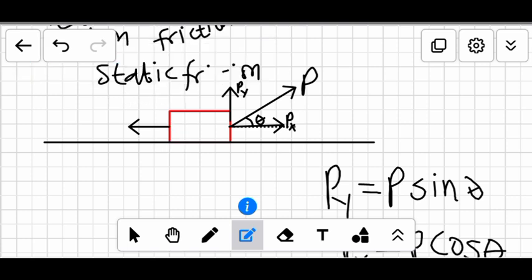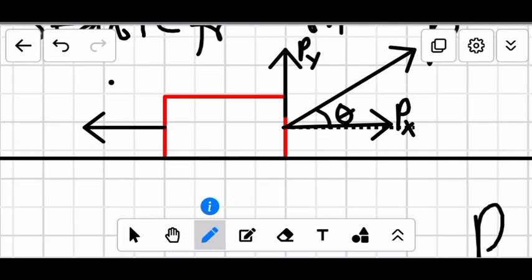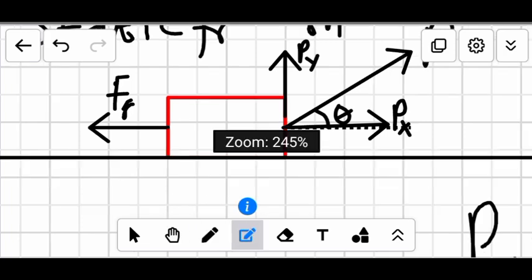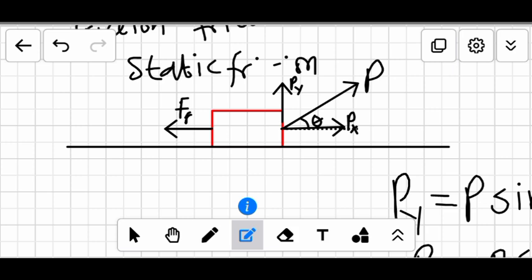So this would be the frictional force, which is now opposing the motion of the object on the ground. Now, the normal reaction will also be there. Trying to pull it with force P might tend to raise the object upward a bit because of the vertical component of the force, Py.